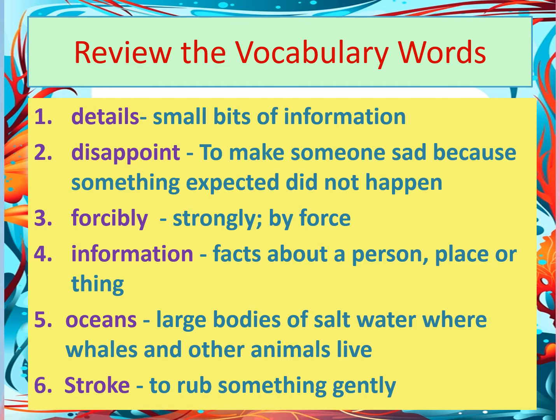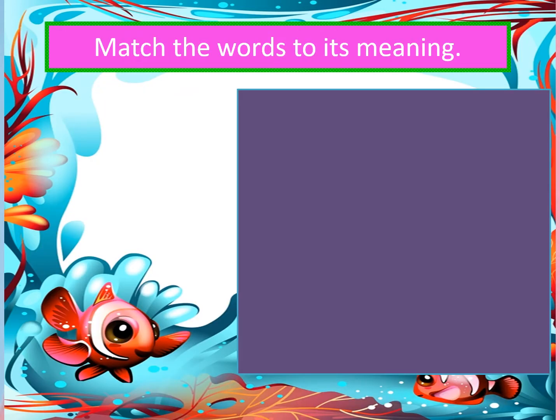Now, can you read it by yourselves? Details, details, disappoint, disappoint, forcibly, forcibly, information, information, oceans, oceans, stroke, stroke. Very good. Now, let's match the words to its meaning as an evaluation about your comprehension about the vocabulary.